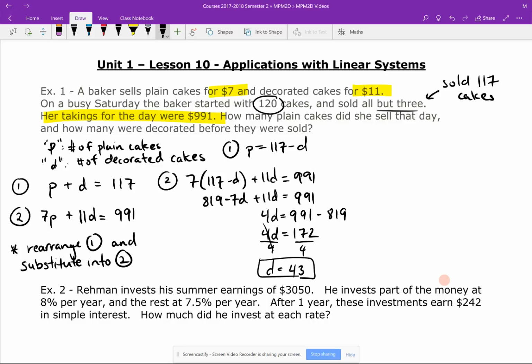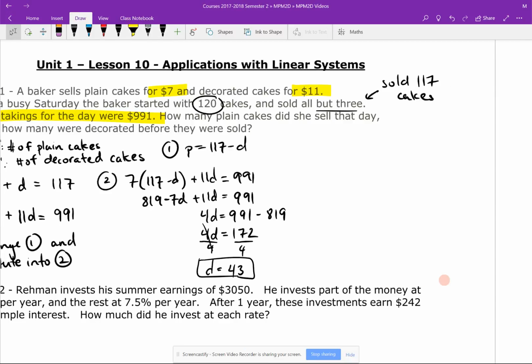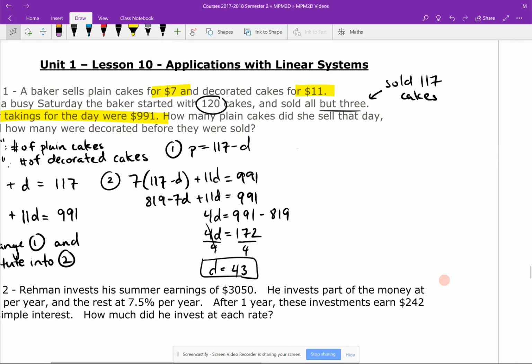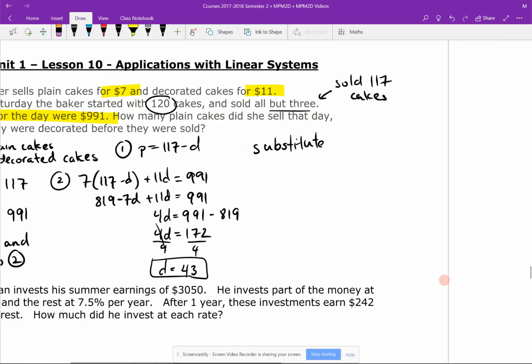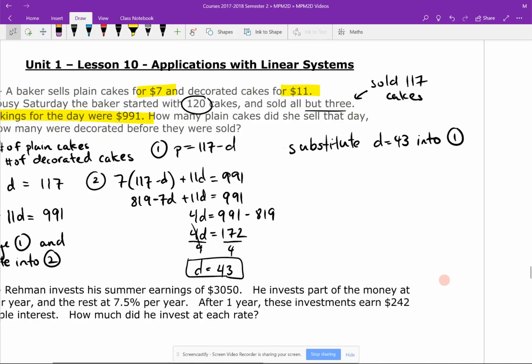Okay, so there it is. There's my D value. That's the number of decorated cakes sold. So to find the number of plain cakes sold, I'm going to substitute D equals 43 into one of the equations. I'll pick equation 1, because equation 1 is much simpler than equation 2.